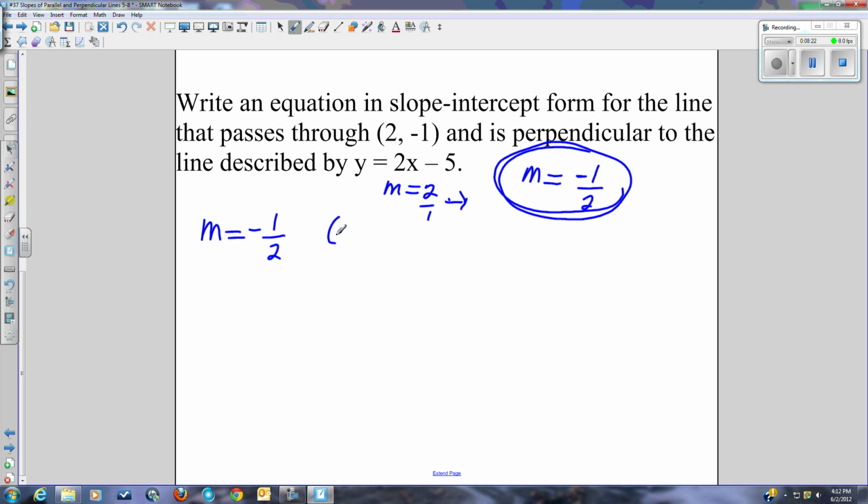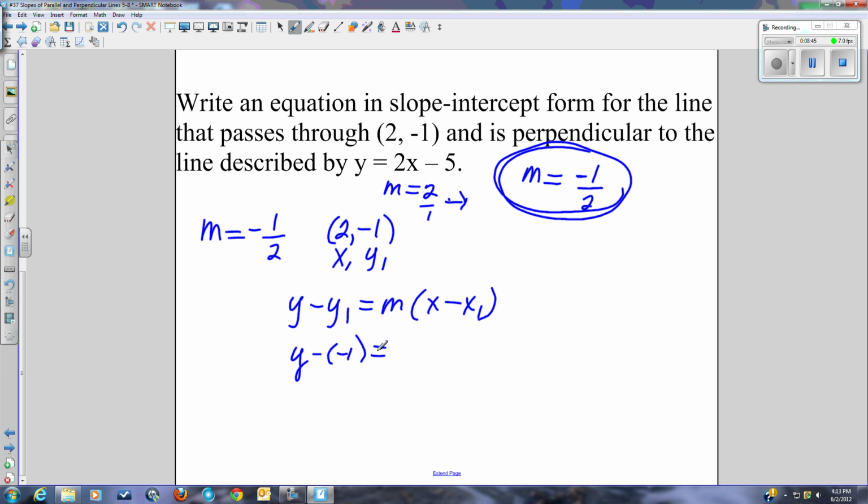Now we know a point that's on that line. It's (2, -1). So there's our x1 and our y1. And now we're going to use our point-slope formula, y minus y1 equals m times x minus x1. So I have y minus -1 equals negative 1/2 times x minus 2.